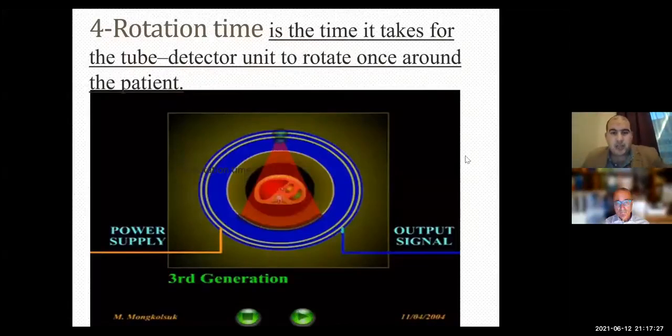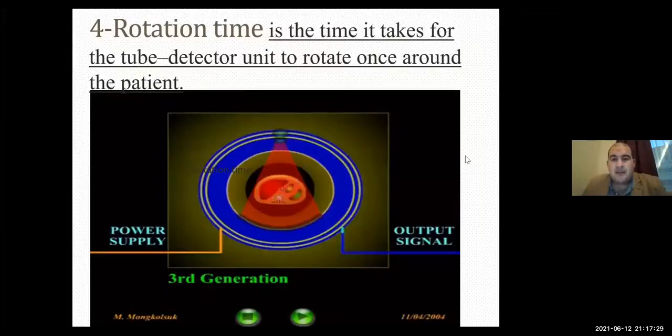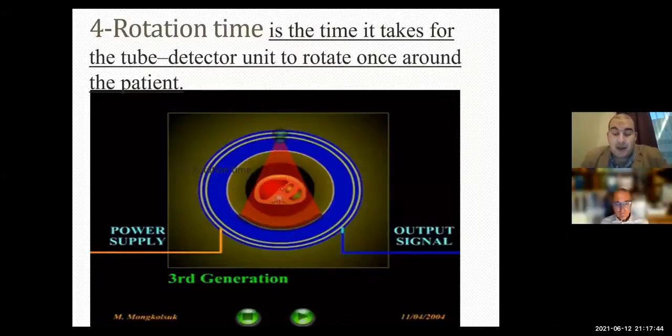The fourth parameter is rotation time, which is the time it takes for the tube detector unit to rotate once around the patient. Here, the X-ray tube rotates around the patient. If the X-ray tube takes more time to rotate around the patient for one acquisition, that means we are exposing the patient to higher radiation.